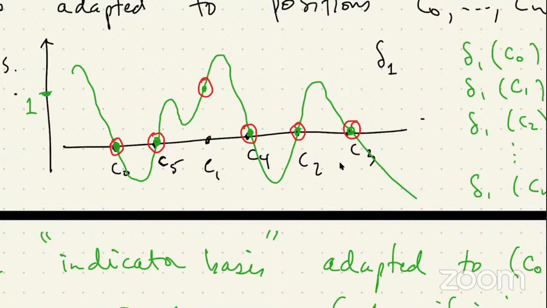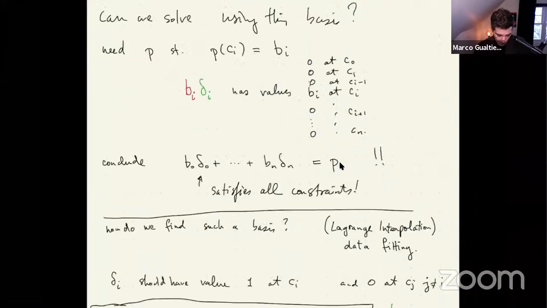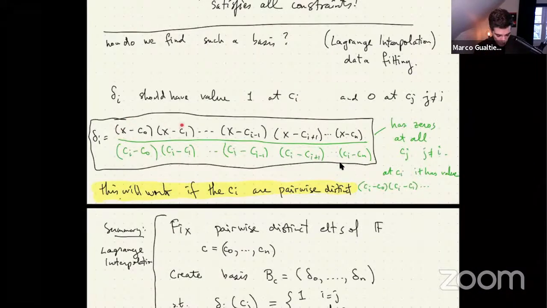I just enforce that there's a 0 at c0, right? So that's why the numerator has a 0 at c0, a 0 at c1, a 0 at c(i minus 1), and I skip over ci because I don't want a 0 at ci. So I'm going to multiply this out, and you can see that this is how we build a polynomial that has zeros at the prescribed points, c0, c1, and so on.